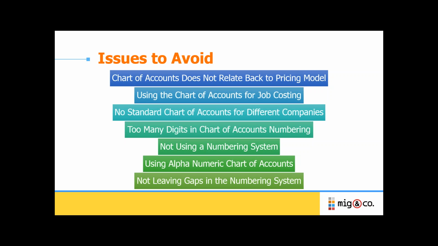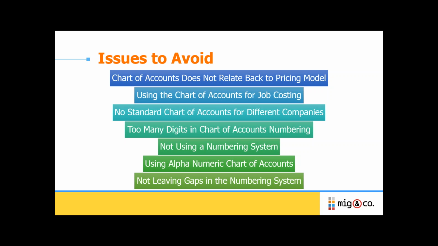Not using a numbering system is probably the biggest inefficiency that you can have. If you put letters into your chart of accounts, it makes it very difficult for anybody doing key punch entry to use the 10 key on the right-hand side and switch over to alpha. A combination of those things is usually not recommended in your accounts.